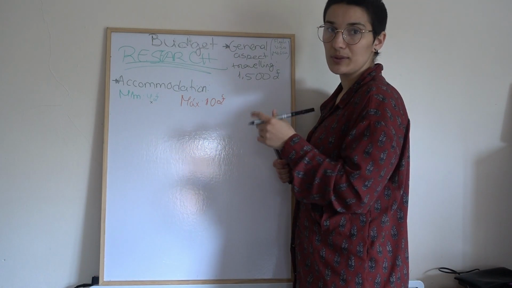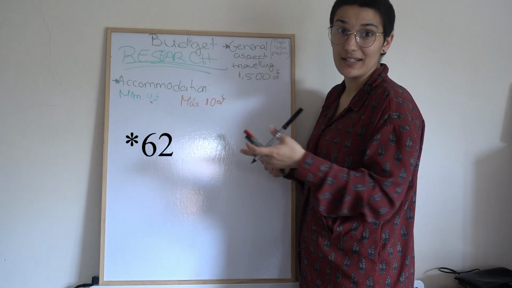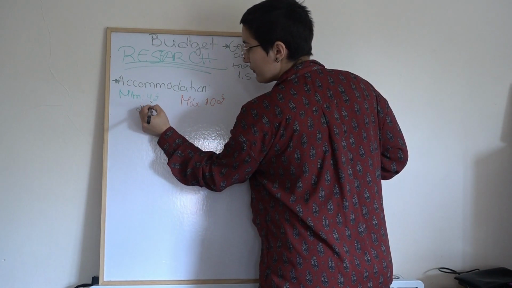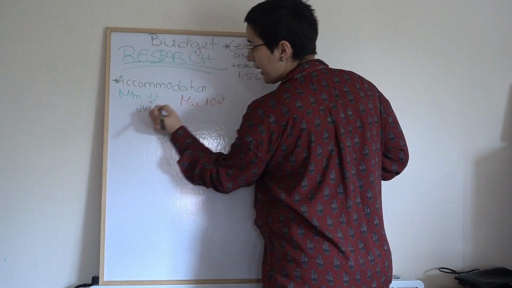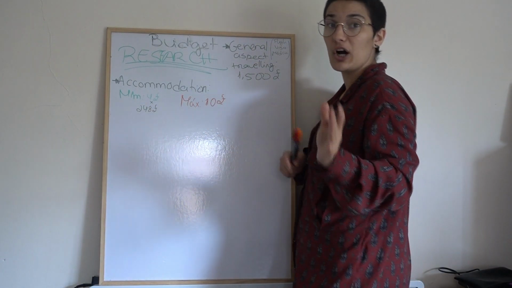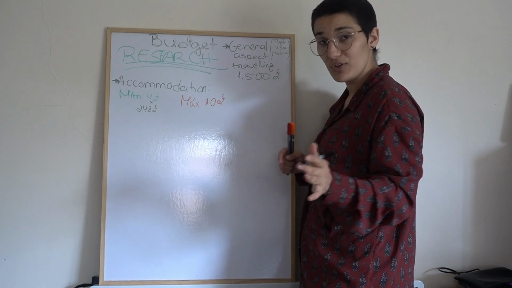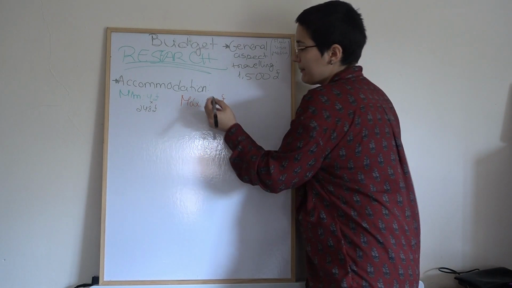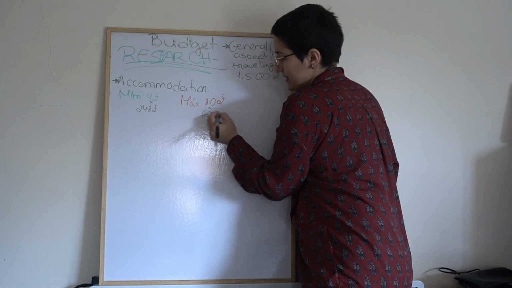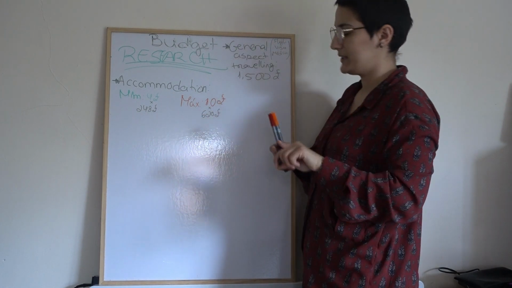So I multiply it by 60, that is 60 days, and it came up to 248 pounds, the minimum that I would spend on accommodation for that amount of time, and the maximum was 620 pounds.